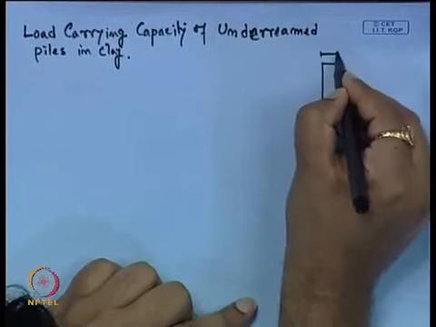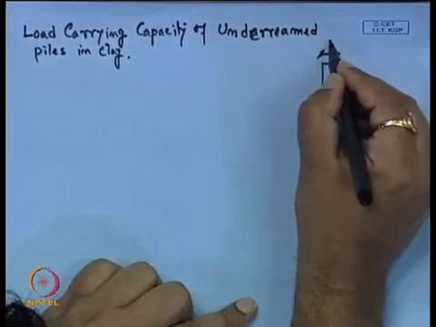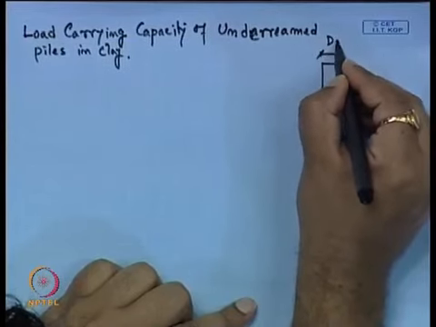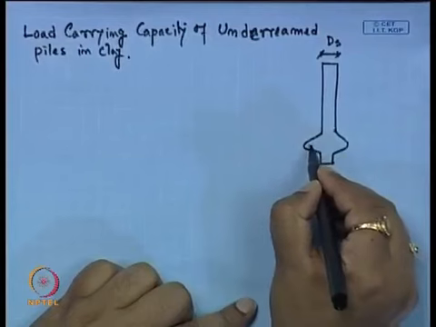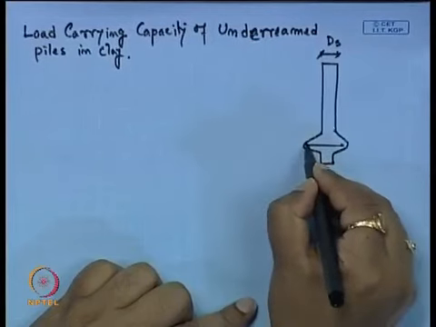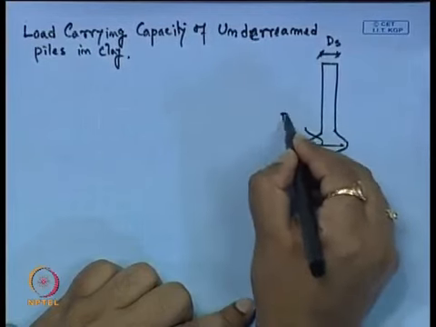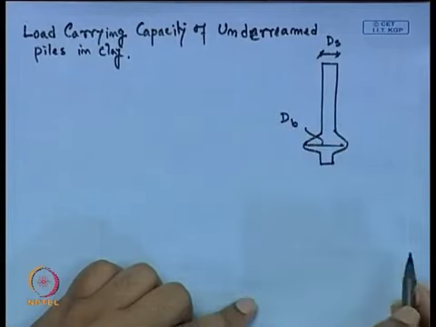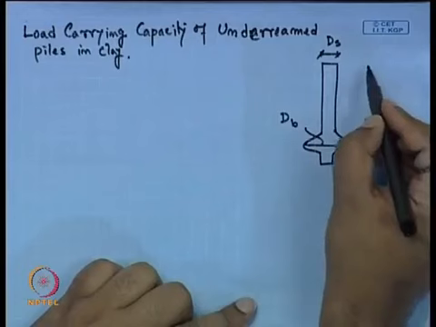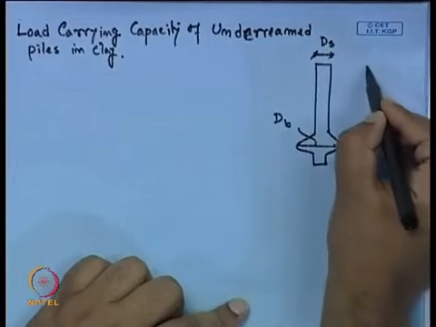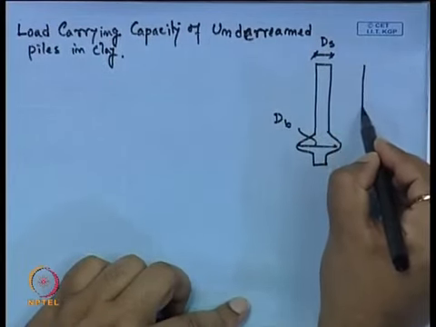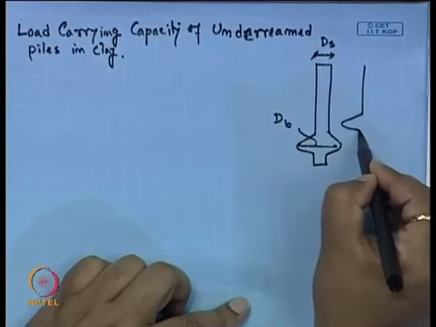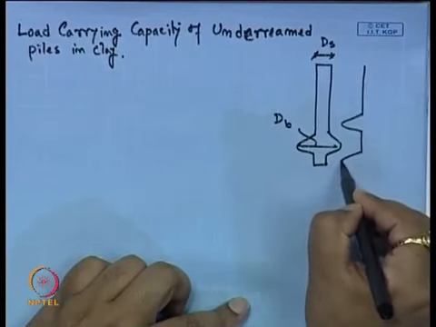Suppose this is the diameter of the shaft, and this is the diameter of the bulb. Similarly, this is a single bulb. This can be two bulbs also.